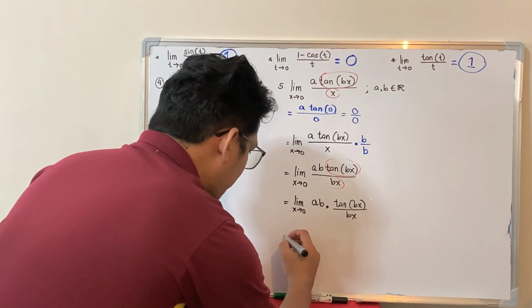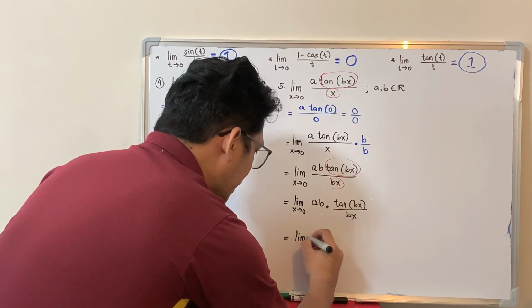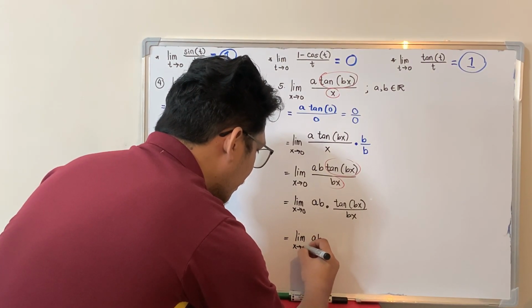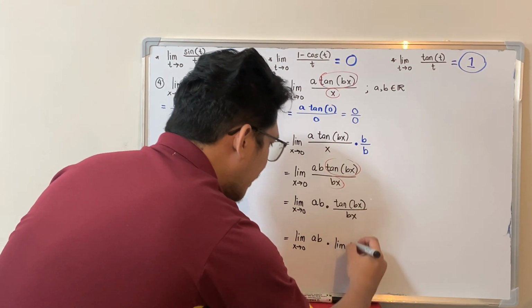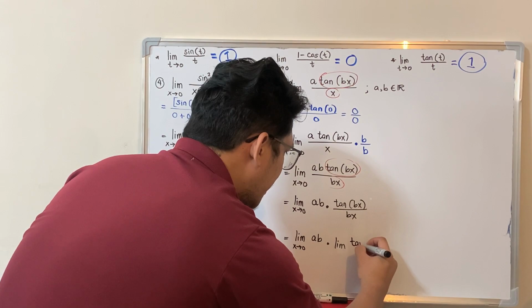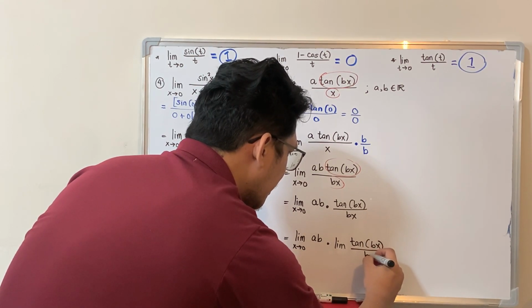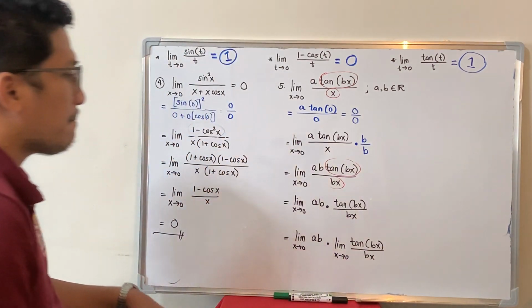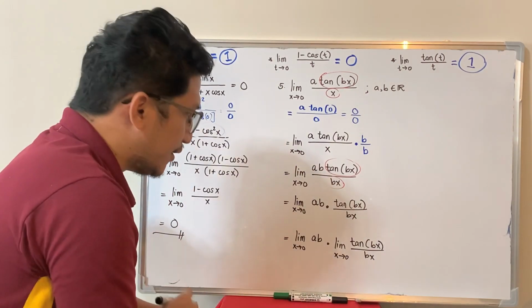So from there, applying the limit law, you can now get the limit of ab as x approaches 0, times the limit of tangent bx all over bx as x approaches 0 as well. Remember, a and b are constant numbers.